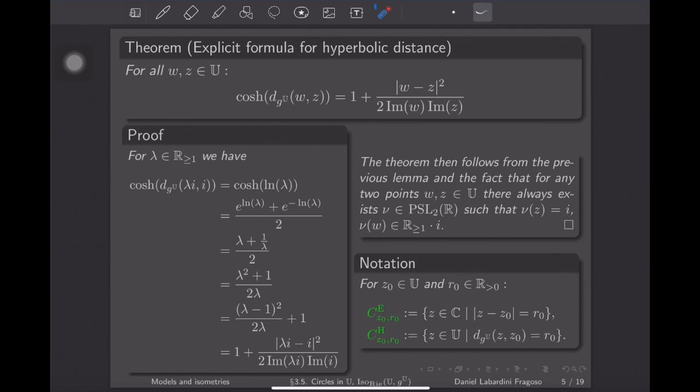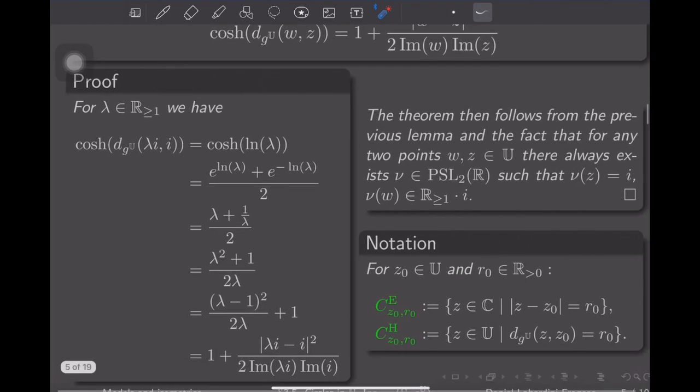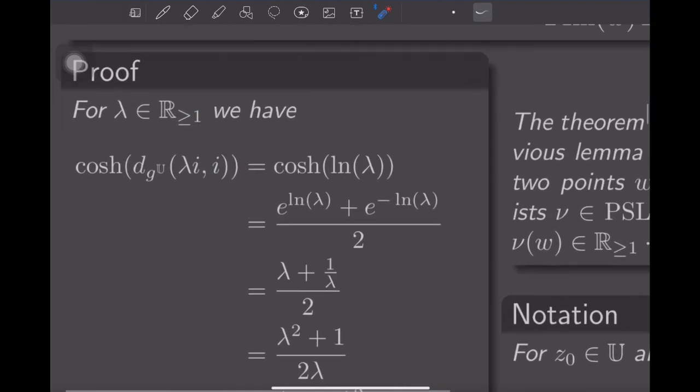So I'm situated at the point I and at the point lambda I, where lambda is greater or equal than 1. So it's I and then something above. This can always be done: up to applying a transformation, I can always send my two points W and Z to I and lambda I for some lambda greater or equal than 1.